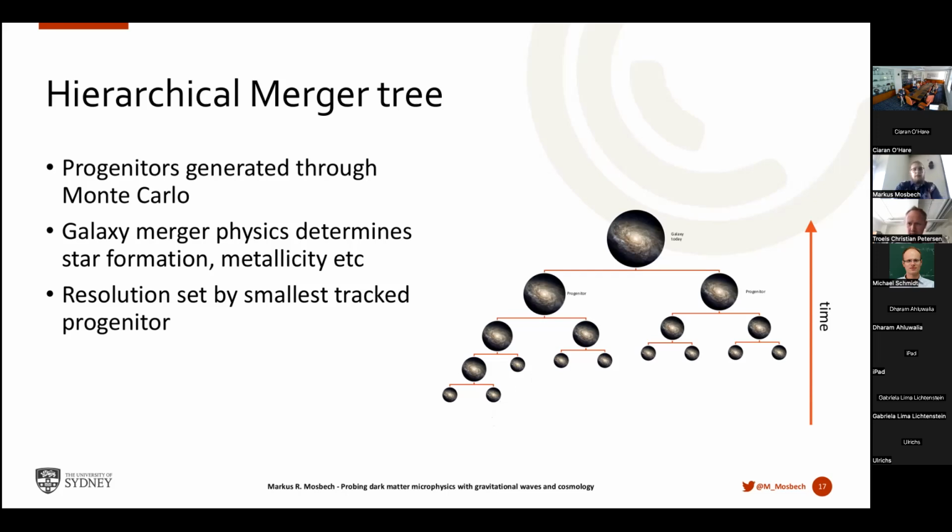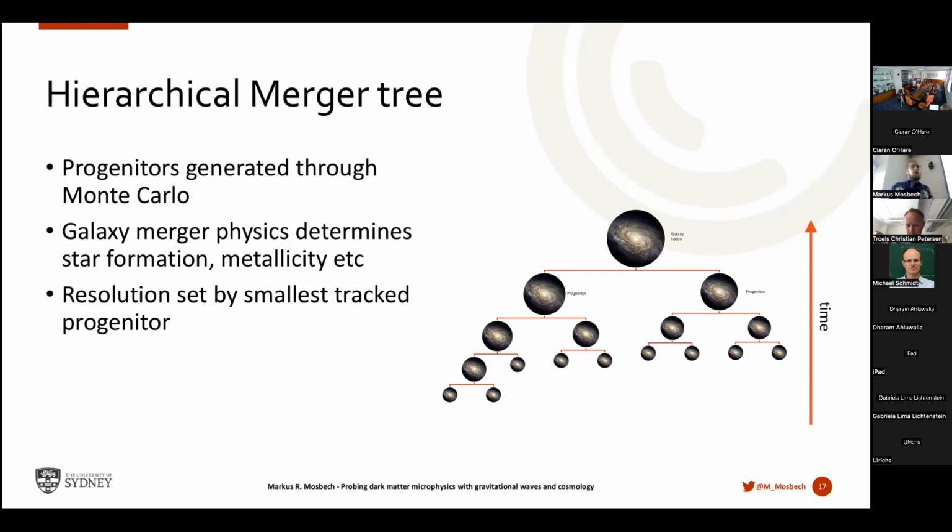There you go. So this lets us compute the star formation, the metallicity evolution, etc., of these galaxies using well-motivated astrophysical models that have been tuned, actually, well, not so much tuned. They're using good physics input, and they reproduce the observed galaxy populations well.